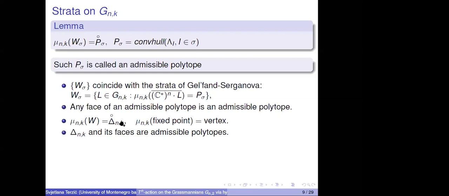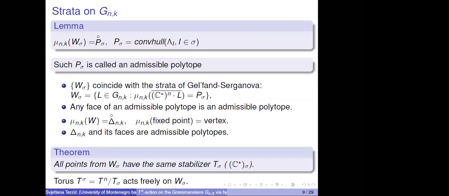And then, from this lemma, it follows that the main stratum, which is the intersection of all charts, maps to the interior of the whole hypersimplex Delta_{n,k}, while the fixed points map to the vertices. Actually, we have a bijection between the fixed points and the vertices of Delta_{n,k}. And so it immediately follows that all faces of Delta_{n,k} are admissible polytopes.